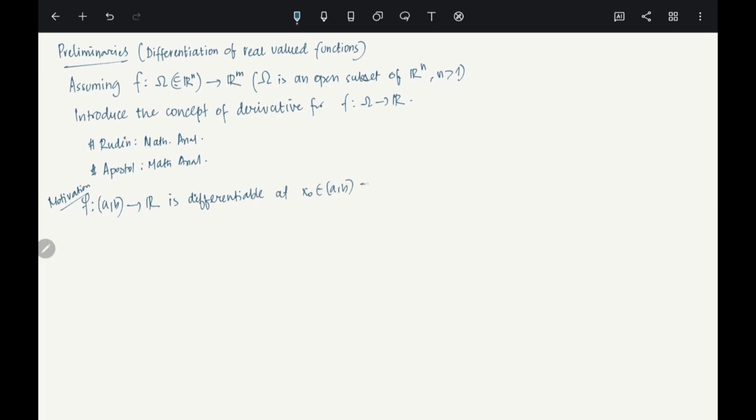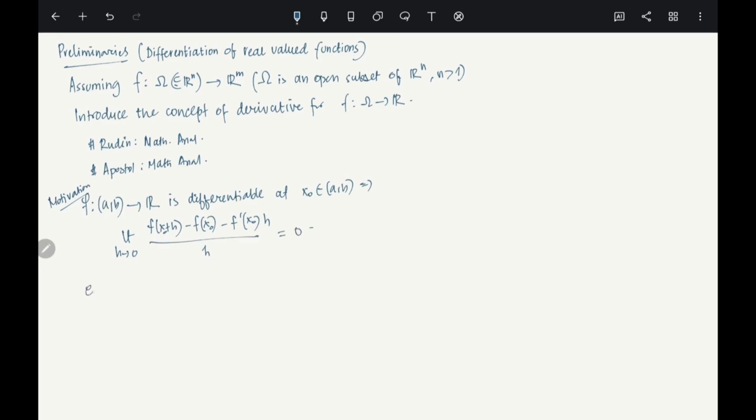What does that mean? This implies that the limit as h tends to 0 of [f(x0 + h) minus f(x0) minus f prime(x0) times h] divided by h is 0. This is what it means.